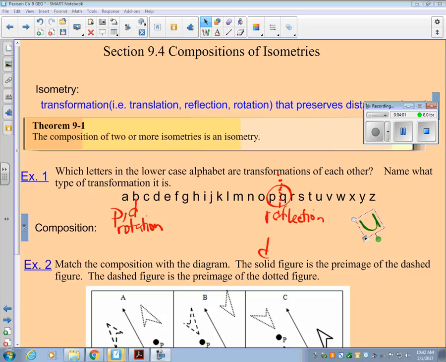Let's see. If we rotate N, do we get U? Heck yeah! So N and U. I never thought of that. And it's a rotation. Oh, that makes my N giant. Rotation. All right.